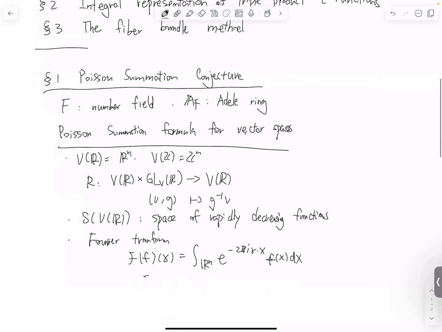And this Fourier transform has an equivariant property under the action of GL(V): it is the absolute value of the determinant of g times R(g^{-1} transpose) composed with the Fourier transform.